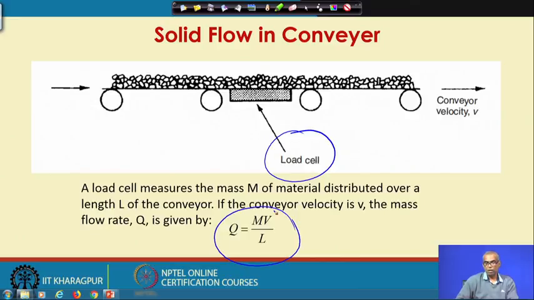It is obvious that such operation will involve safety concerns, because you are using gamma rays. So, use of load cell to measure solid flow in conveyor is a very convenient and common application.